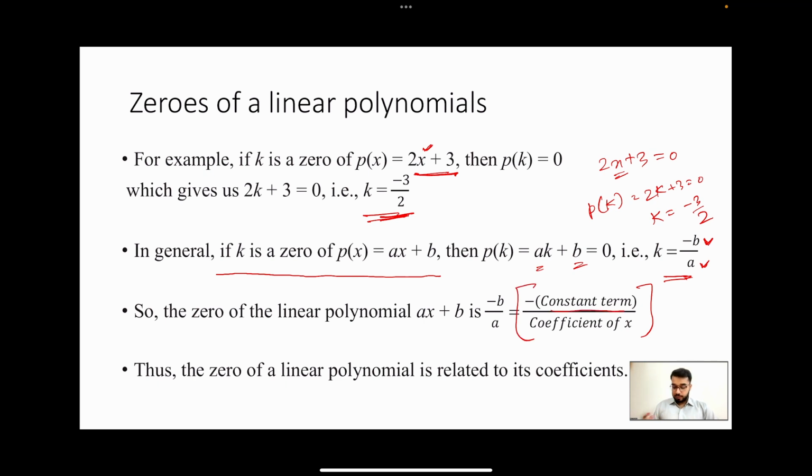And remember one thing, people tend to make a silly mistake: no matter the sign of the constant term, a negative sign will always be placed when calculating the zero of a linear polynomial. So just keep this in mind. This is the formula for the zero of a linear polynomial.